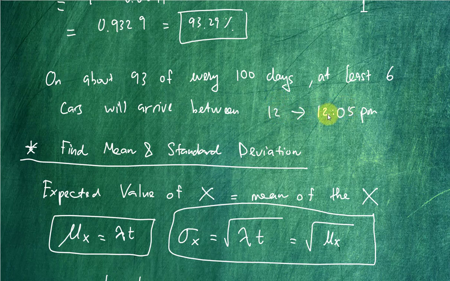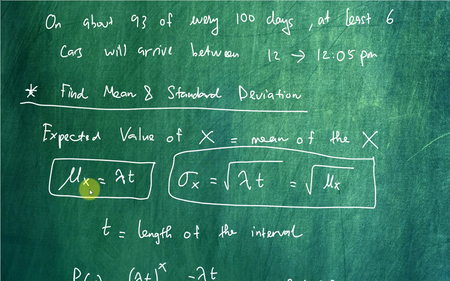Now, the expected value of a random variable is the mean of the random variable. So it is reasonable to say that the mean, or the expected value, is equal to the average value multiplied by the time interval, or the expected value equals lambda multiplied by t, where t is the length of the interval.